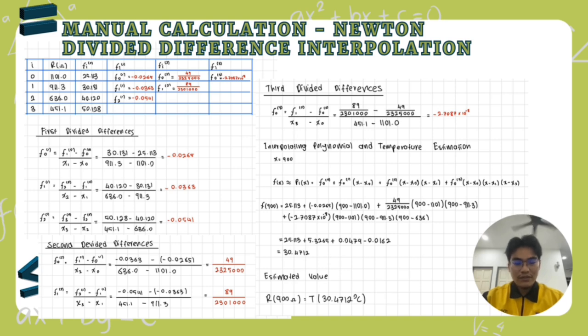The calculation breaks down into 4 parts. The base value is 25.113, and next the first order adjustment is 5.3295, the second order adjustment is 0.0479, and the third order adjustment is minus 0.0162.